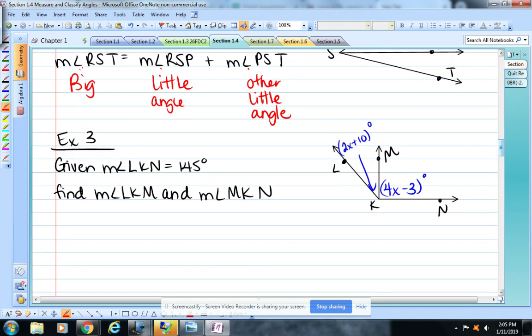Then we get to actually do some math. I'll let you write all that down. Draw the picture. If you can't read it, this measure is 2x plus 10 degrees, and this one is 4x minus 3 degrees.